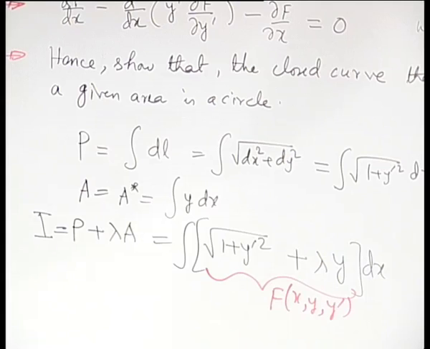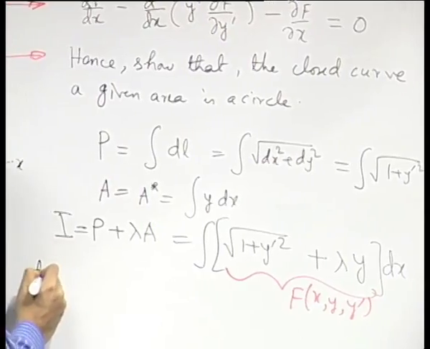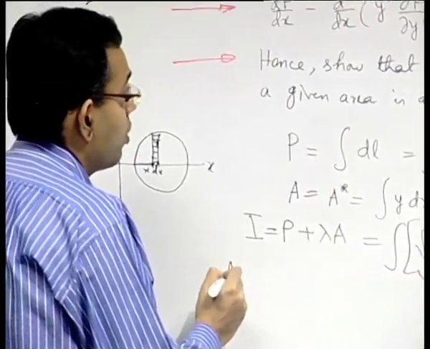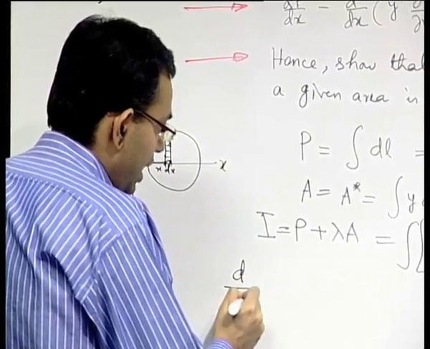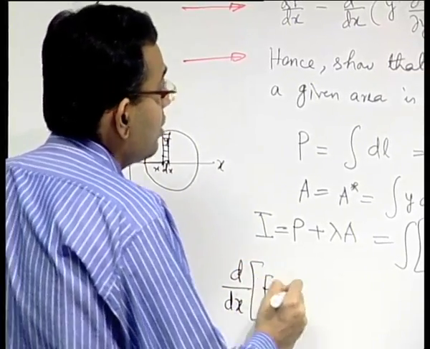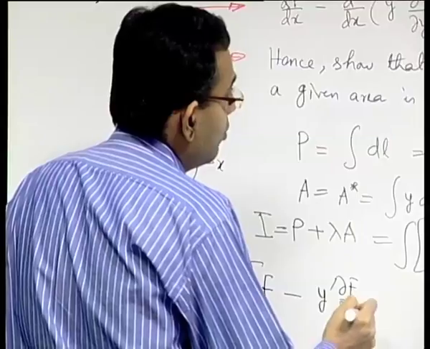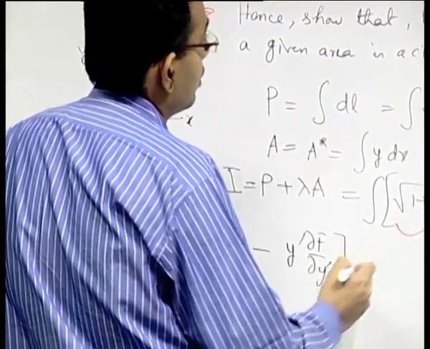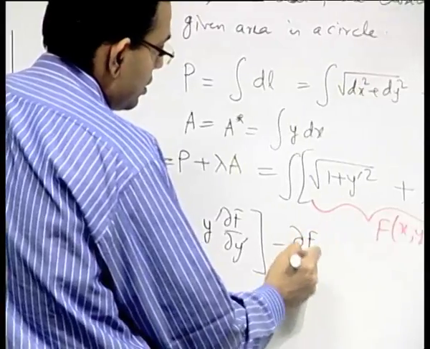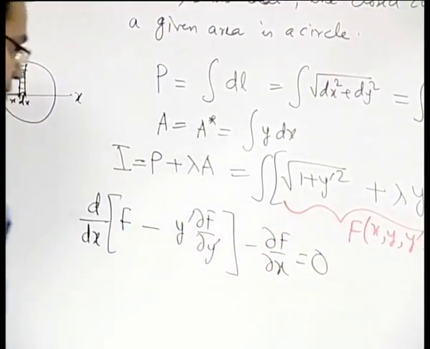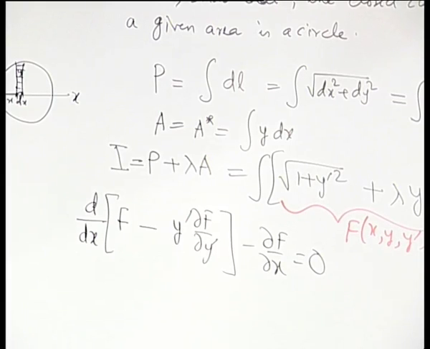Now let us try to apply the alternative form of the Euler-Lagrange equation. So, what is df dx? In this alternative form we have d dx of f minus y dash del f del y dash, minus del f del x equal to 0. df dx is not 0.